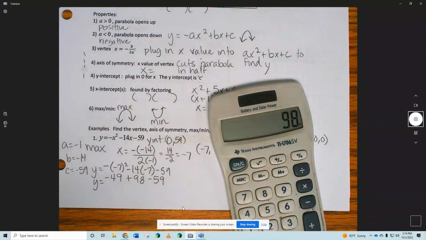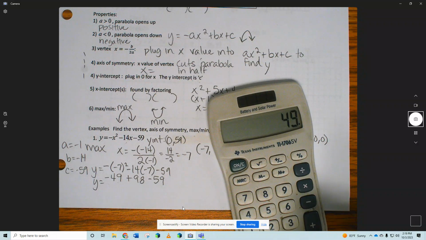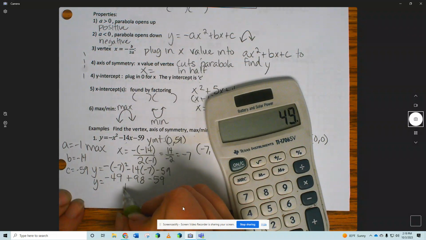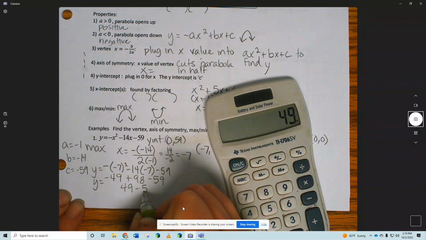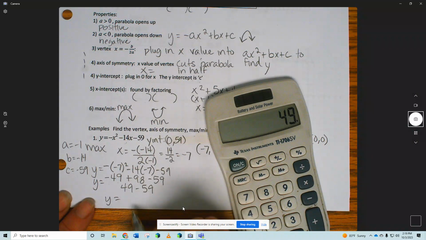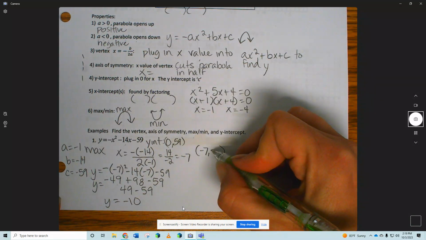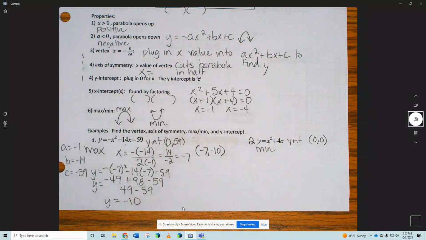Y equals, okay, 49 minus 98, 49 minus 59. Negative 10. My ordered pair is negative 7, negative 10. That's my vertex.